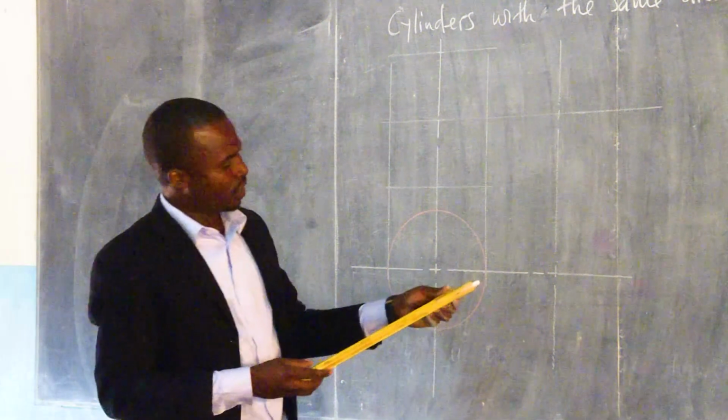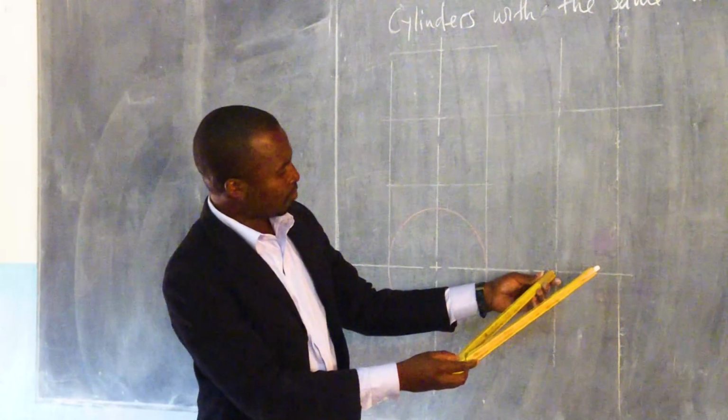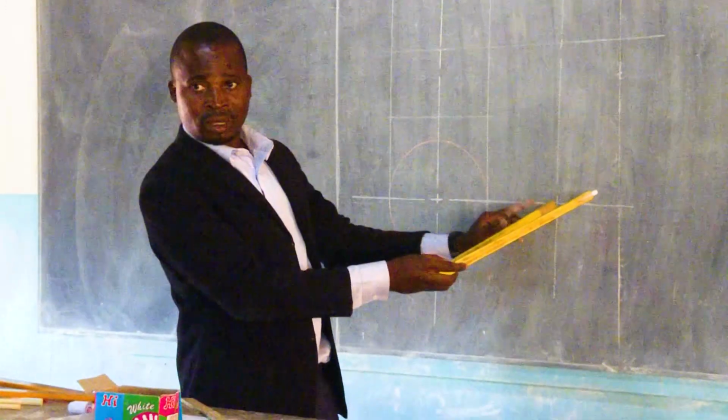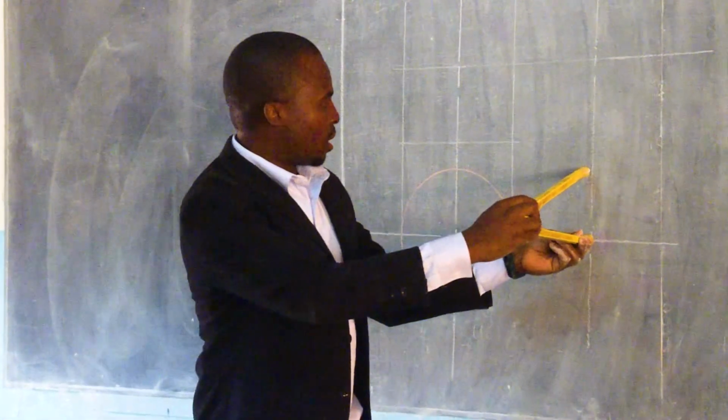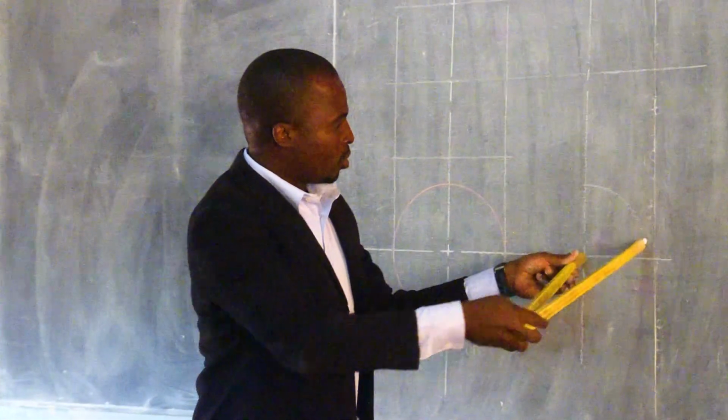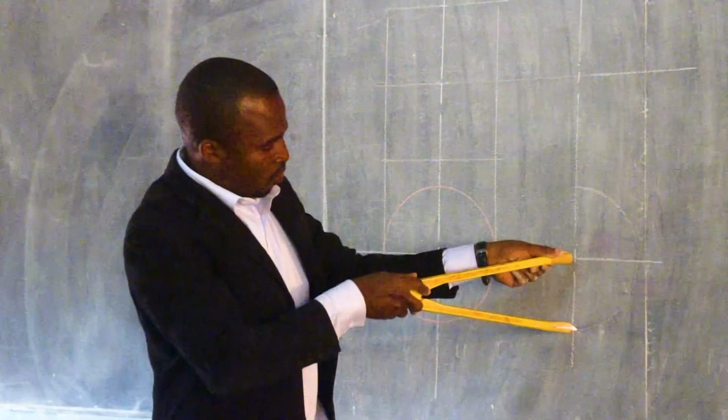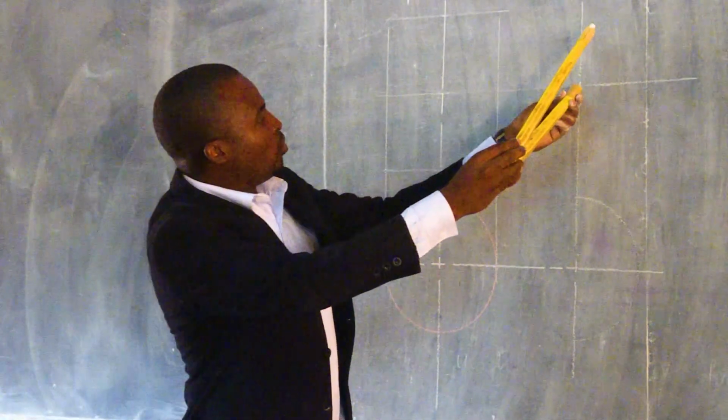When you get this distance, you put your point of compass here. Remember this distance they have given us, which is 60 millimeters. Then you draw a semicircle, and then even here you do the same.